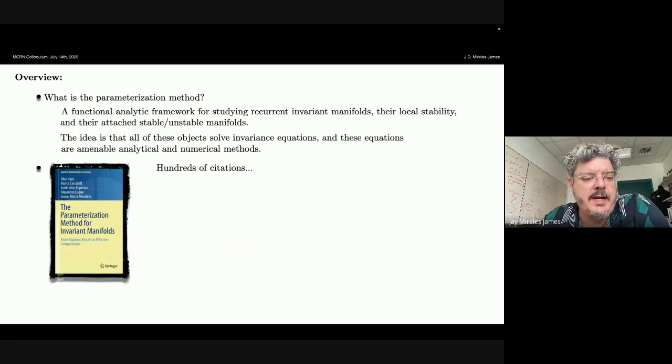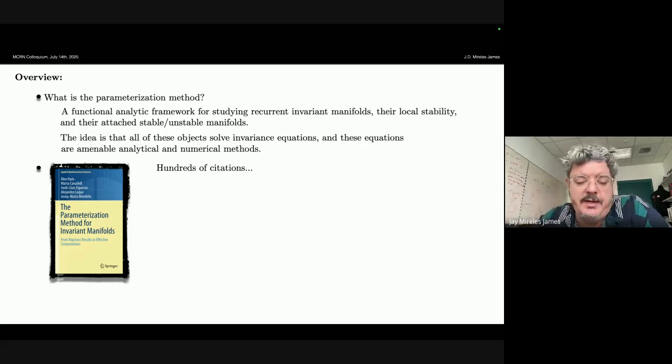By now there's a very nice book by Alex Haro and a number of his collaborators from Barcelona. It's really a research monograph on the parameterization method, and if you look at the bibliography, there are hundreds of citations. And this was already state of the art as of 2016, 2017. So by now for me to try to build a bibliography, it would be many, many pages.